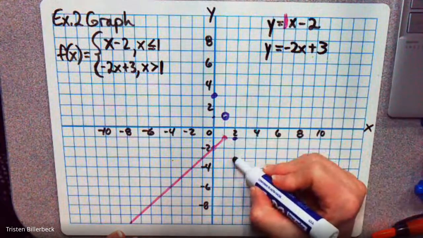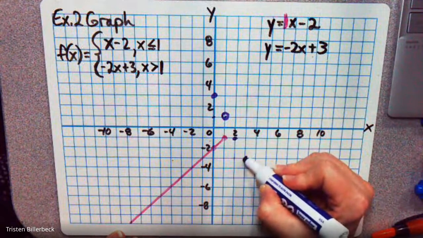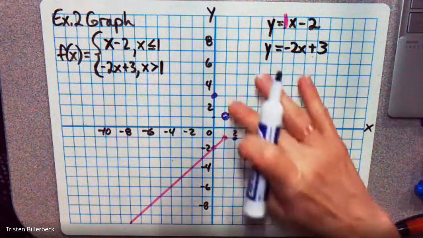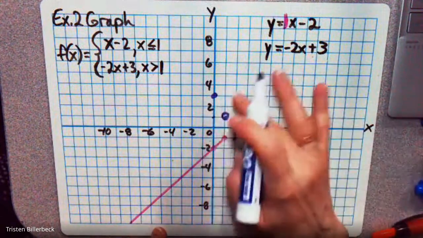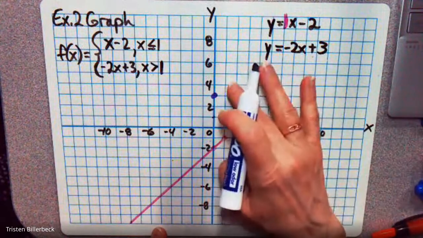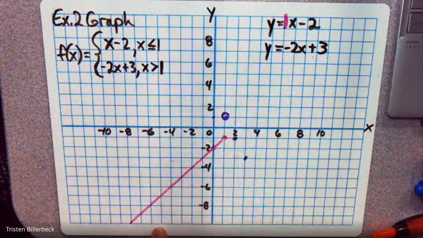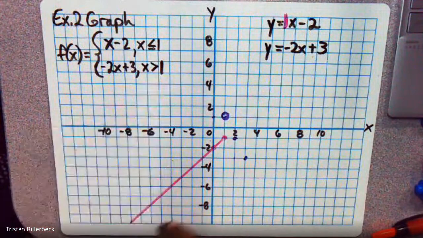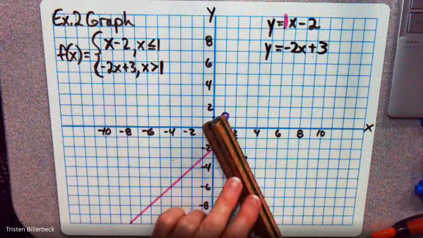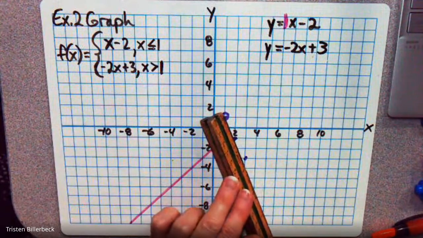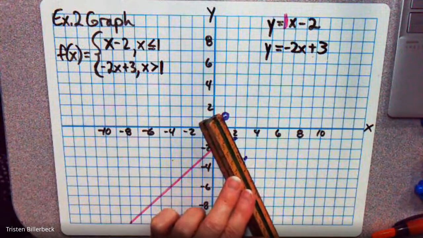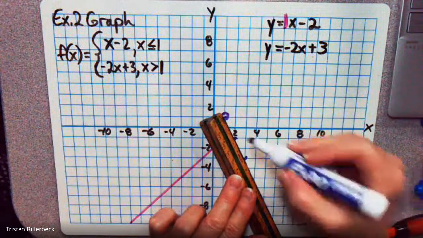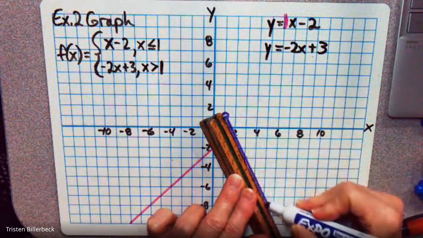Okay, and we rise -2, run 1. Okay, so this point, even though it helped us understand where is this line, we don't have that in the domain. X is 0 is not there. We can't put it in the graph. So when we draw this piecewise defined function, we're going to have something that looks like this.